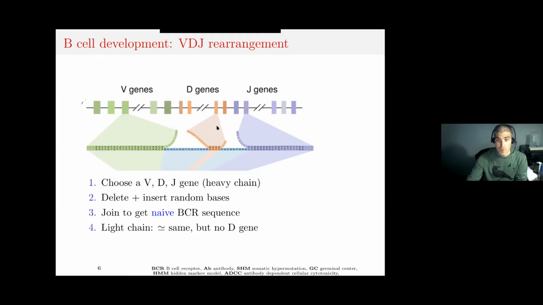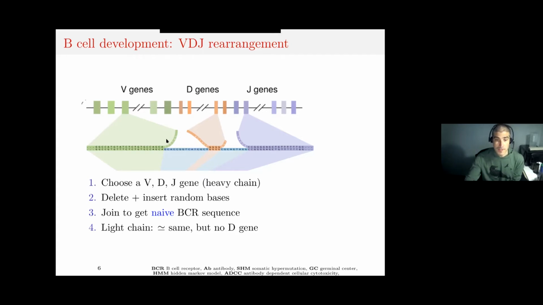And you also choose 1 D gene and 1 J gene. And then you join the V, D, and J genes together. And as you join them, you delete some random number of bases from the boundaries, and you also insert some random number of non-templated nucleotides here in blue.